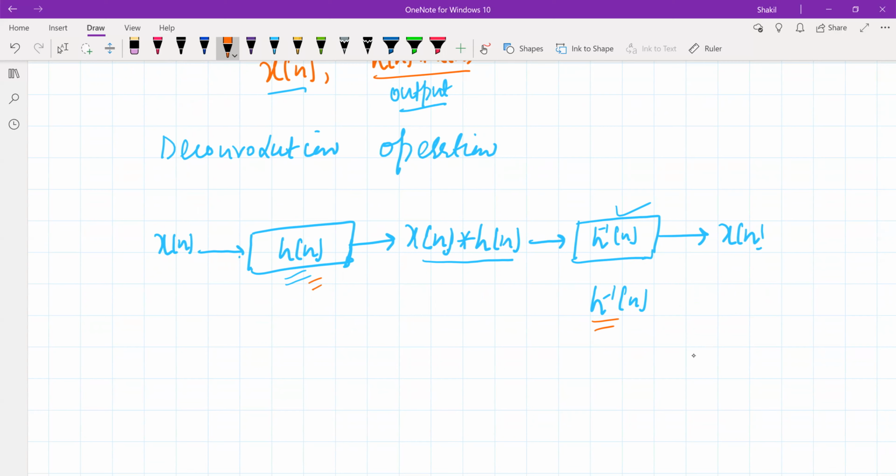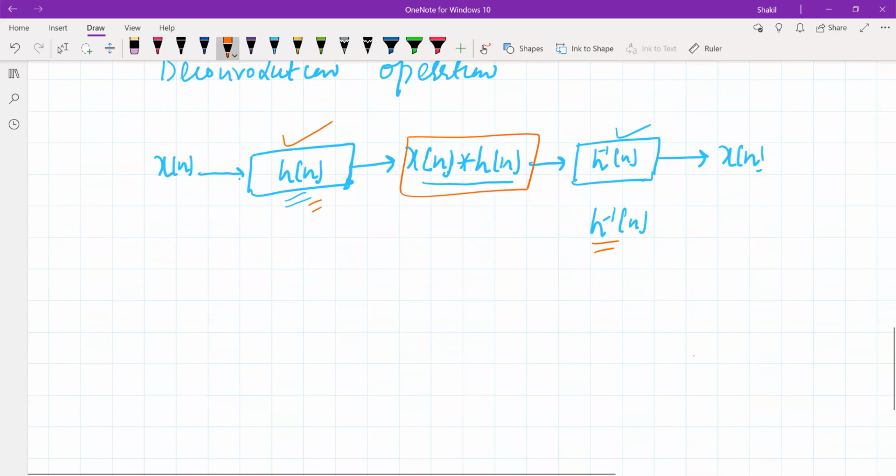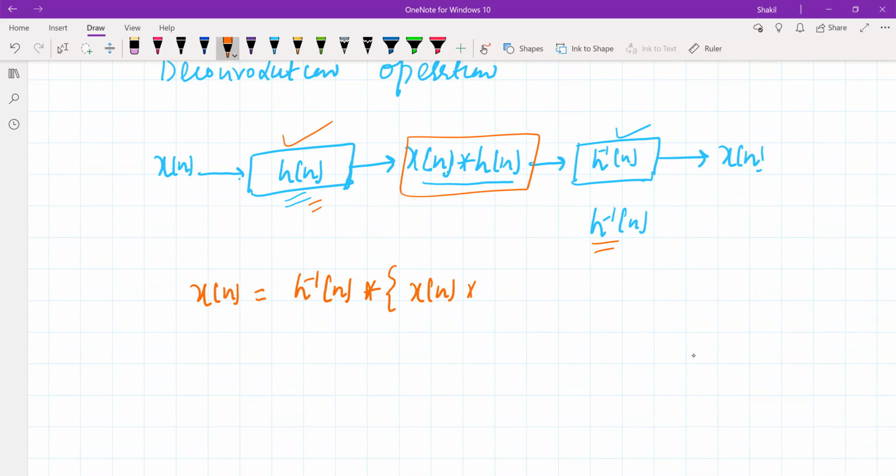So the process of recovering the input from the output of this system is referred to as the deconvolution process. Now let's write the full operation in this notation. x of n is the convolution between this input, which we can write using x of n and h of n.